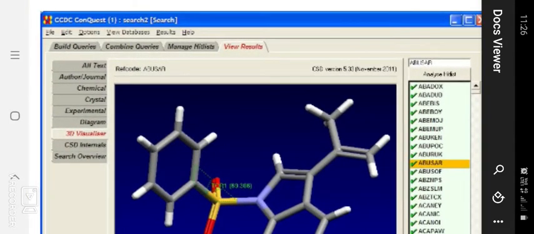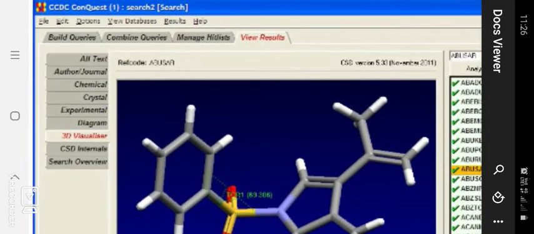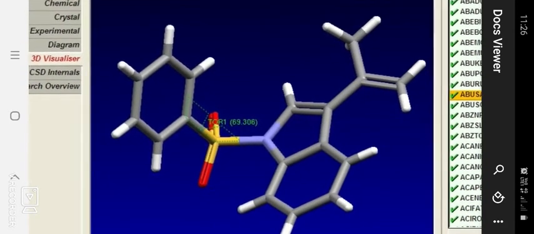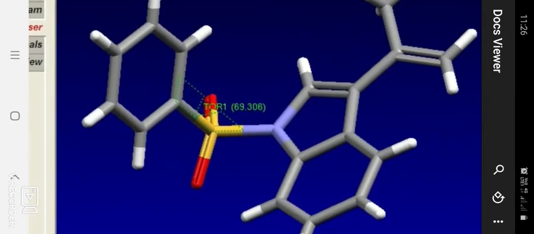The actual official website is for the CSD, Cambridge Structural Database, which we basically discussed in the previous slide. The CSD official website shows the 3D structures. The 3D bond will attach to the particular target.